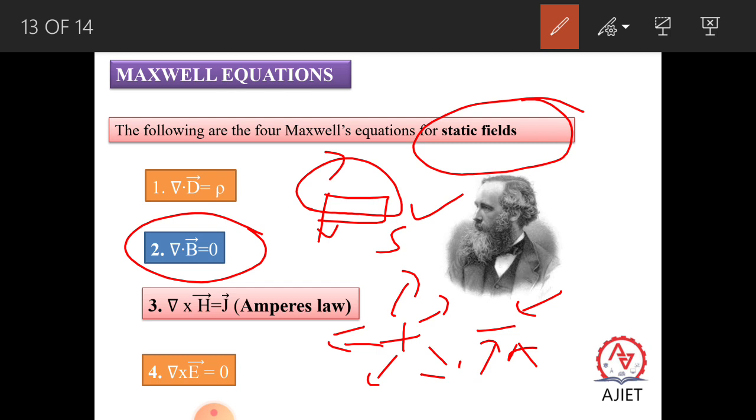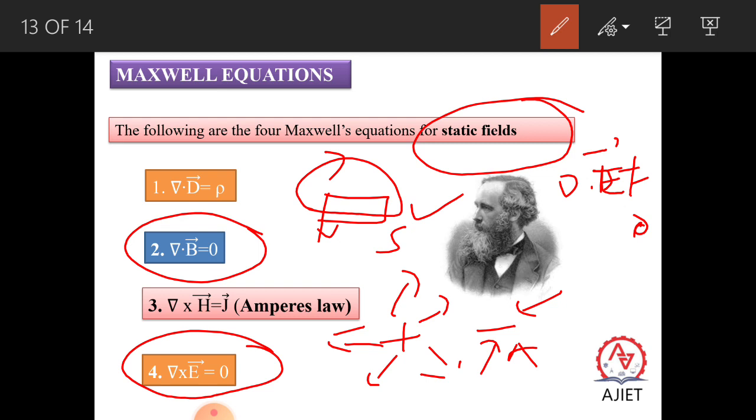So the divergence of a closed loop is equal to 0. The divergence of an open loop, we can write as del dot E, is not equal to 0. But what about del cross E, the curl of an electric field?